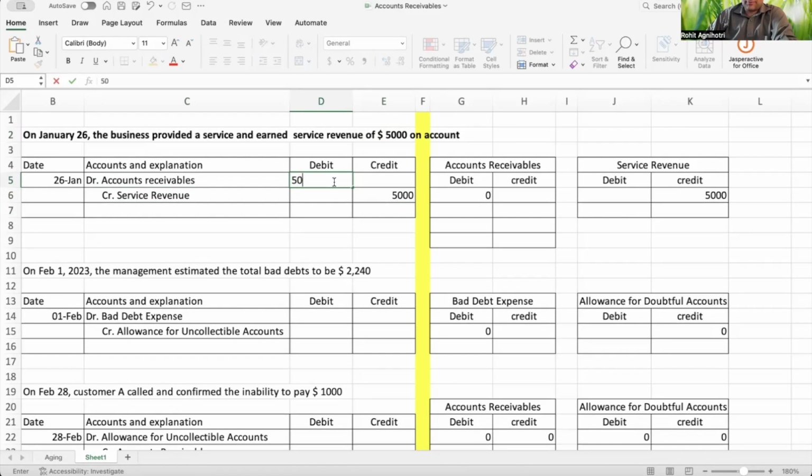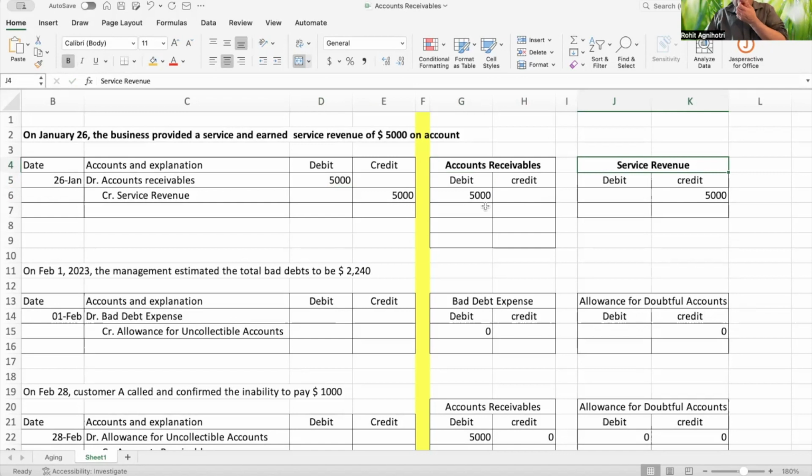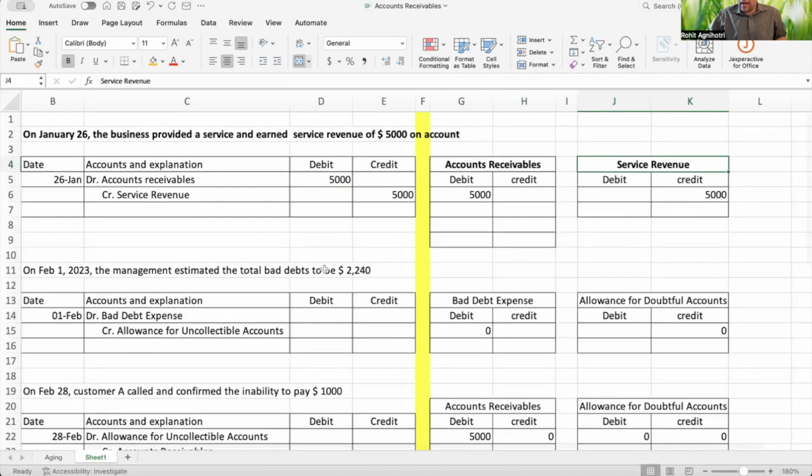In these T accounts, you will see that in the accounts receivable account, you will have $5,000 debit because it's an asset. Assets are increased on the debit side, and the service revenue, $5,000 credit. Let's see what happens now.